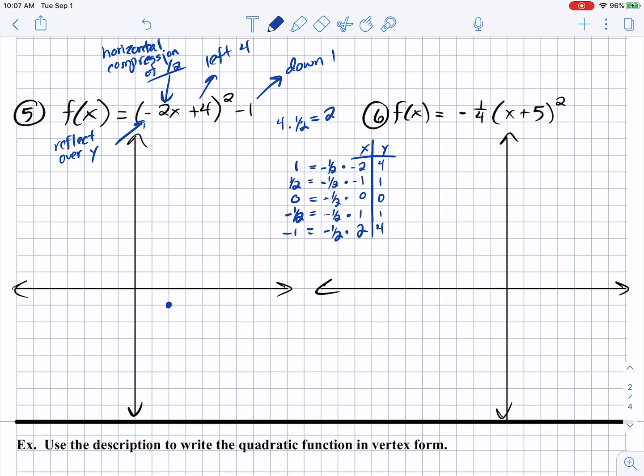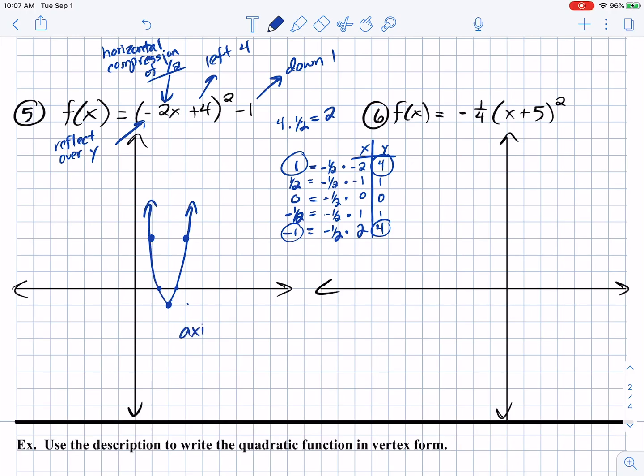We are plotting these points, (1, 4), from our new vertex. So (1, 4) would be right here. You can plot the same on the other side. They're symmetrical. That's (-1, 4). And then (1/2, 1), (-1/2, 1). There's our graph.